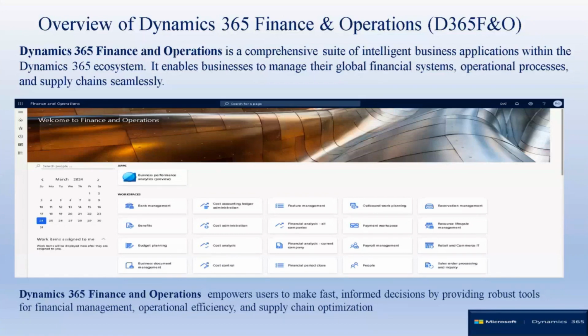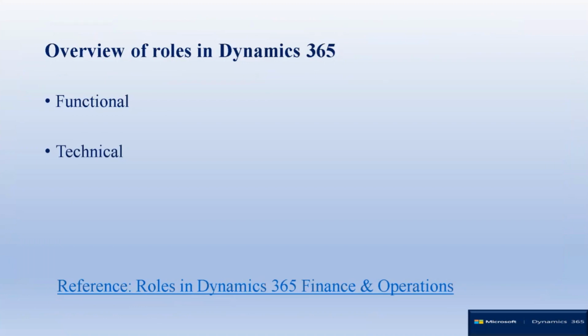So moving on, we'll look at the different roles in Dynamics 365. At the highest level, we can divide the roles into the functional and the technical. If you look at the name itself, it's called Finance and Operations.